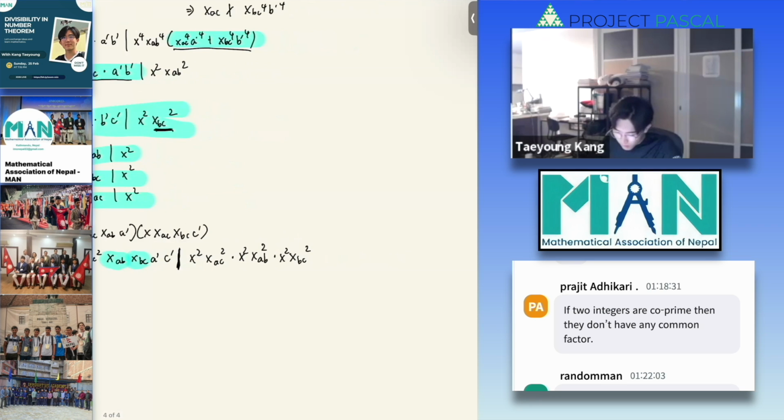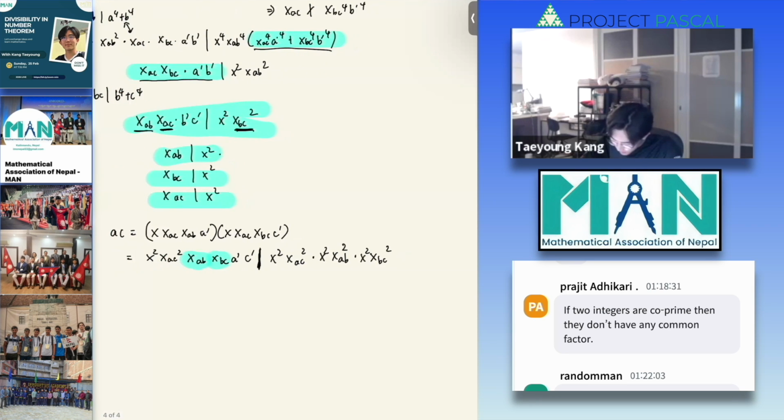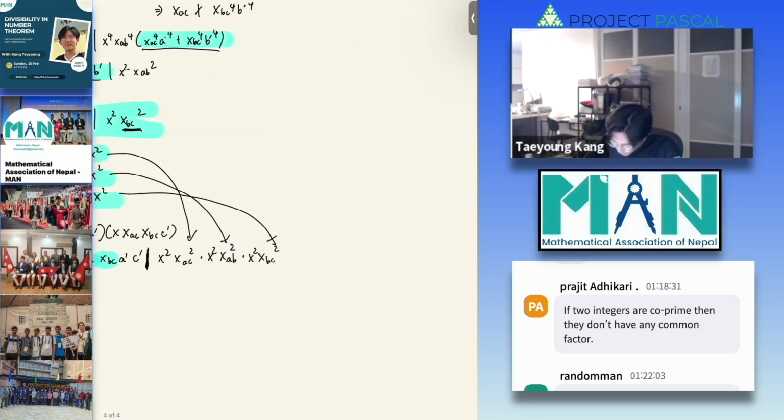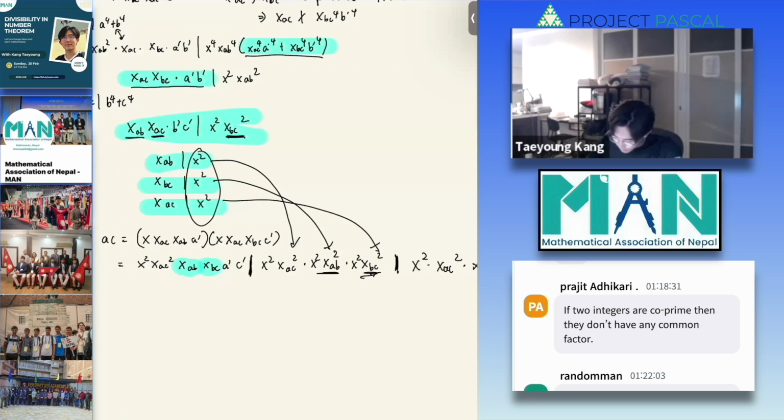And we finally utilize this to give us this divides x squared times x_AC squared times x squared times x squared times x squared, because we transform x_AB and x_BC into the x squared terms.